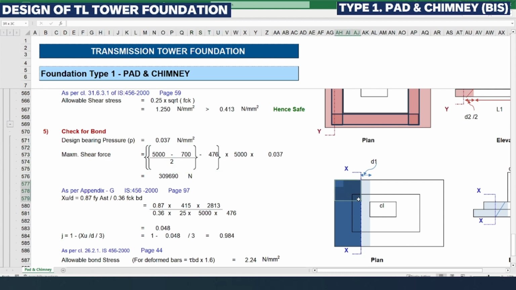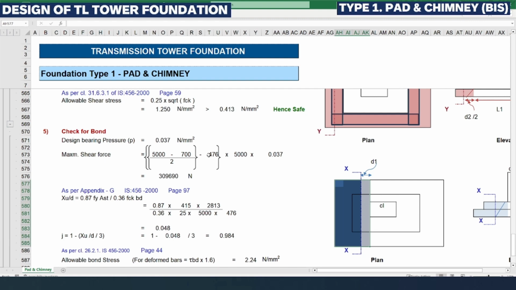So you can see in the plan view, this 5000 minus 700 divided by 2 is the area which we have selected here, which is from the face of the column to the edge of the base slab.